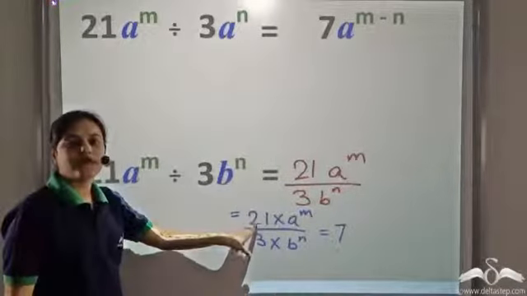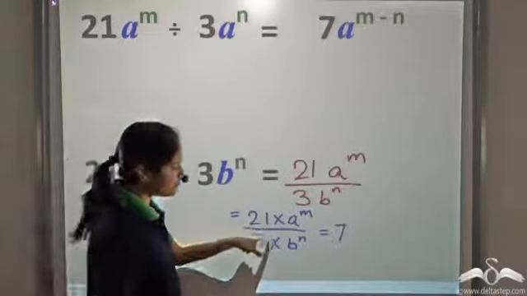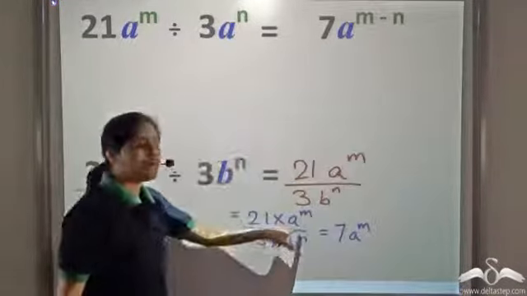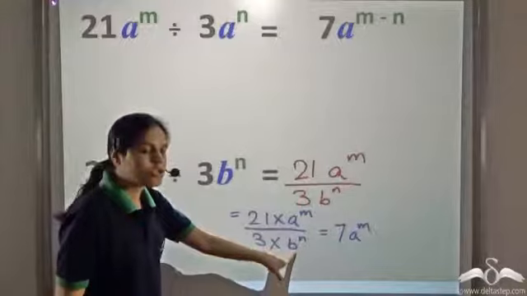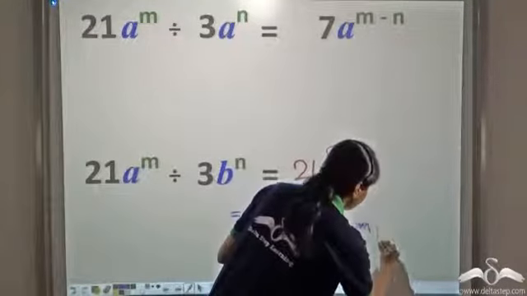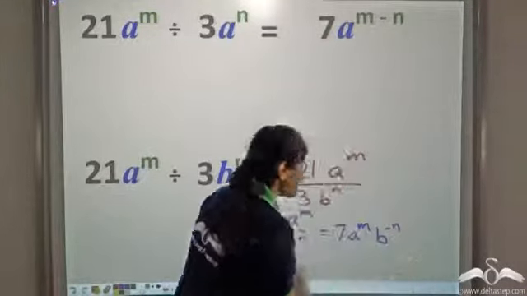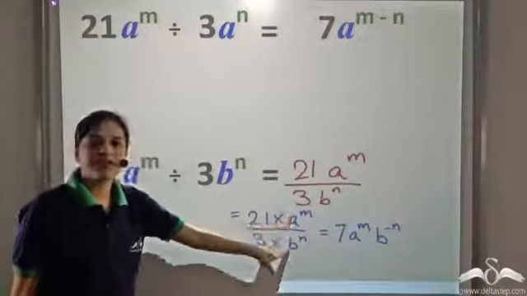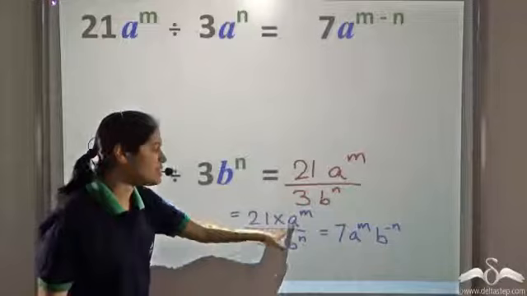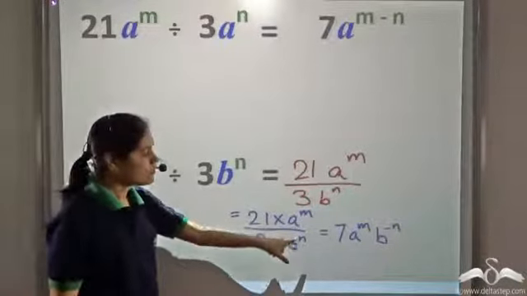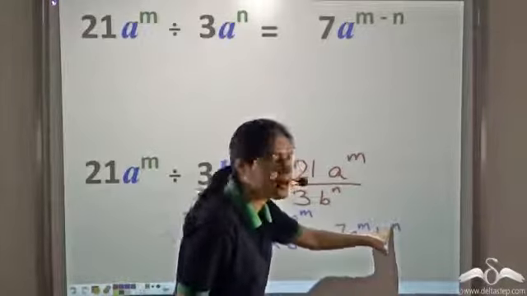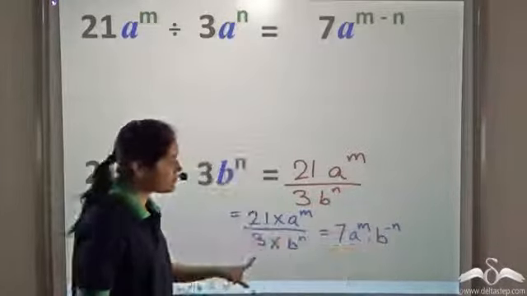So this is equal to 7 a to the power m, and this b to the power n goes to the numerator and becomes b to the power negative n. We cannot simplify this further because the bases are different. So this is 7 a to the power m into b to the power negative n.